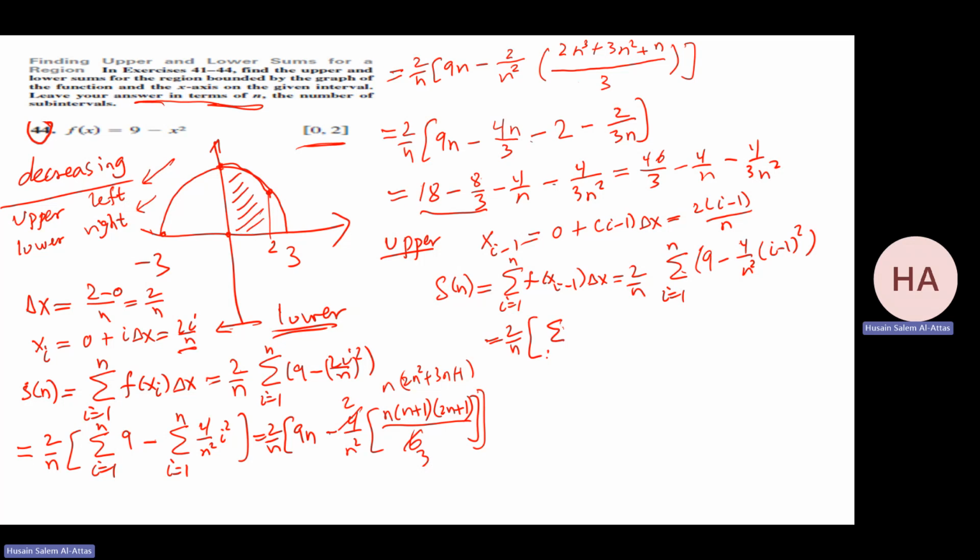That will be 2 over n times the summation i equal 1 to n of 9 minus. Open this: i minus 1 square is i square minus 2i plus 1.